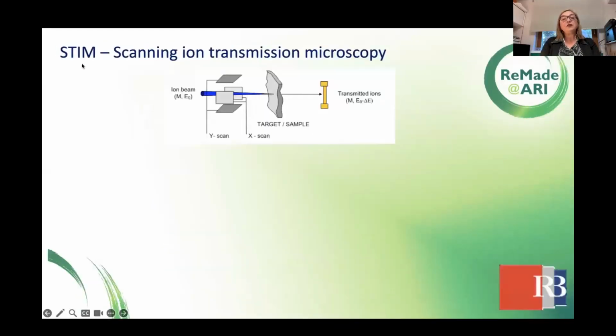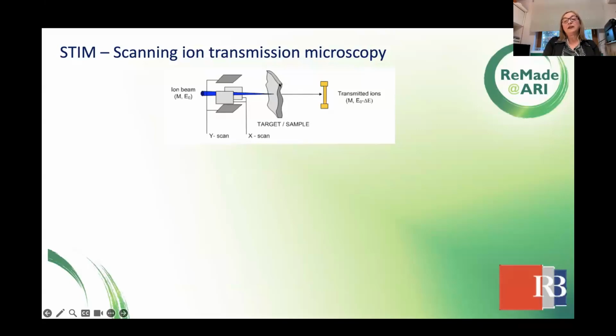One technique which is also very interesting and used to analyze thin samples is scanning transmission ion microscopy, so-called STIM. And basically it is based on the idea that ions pass through the sample. So the sample should be thin enough so that some energy of the ion is left and that we can detect it in the detector, which is beyond the sample.